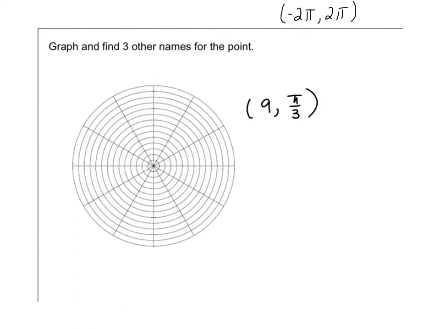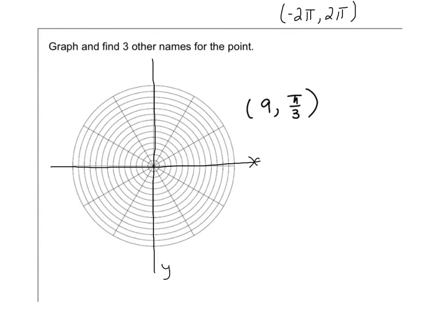All right, we have the polar coordinate plane and we have a point on that plane, and the point is 9, pi over 3. So if we look at this, this is our x-axis, this is our y-axis.